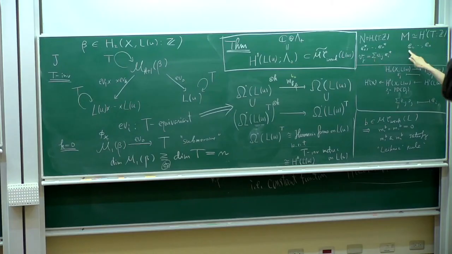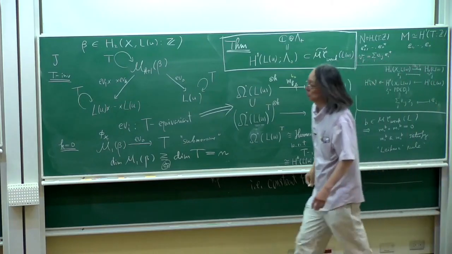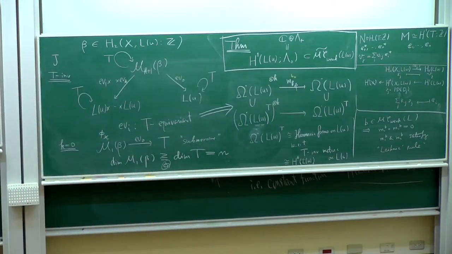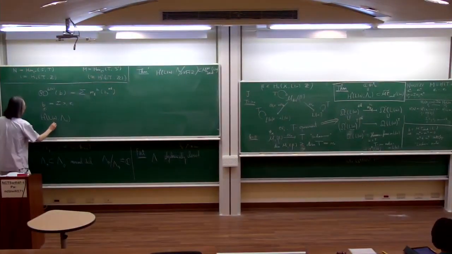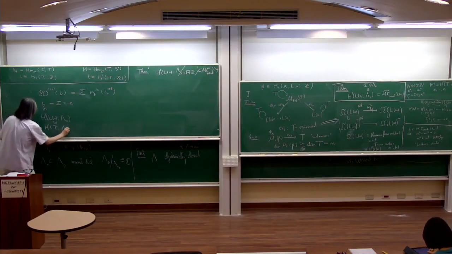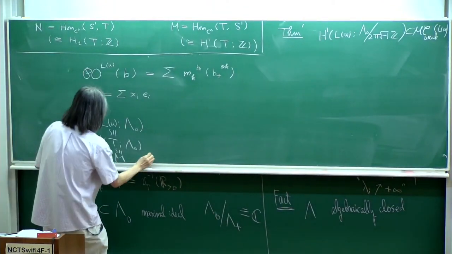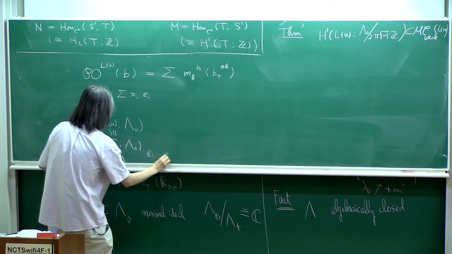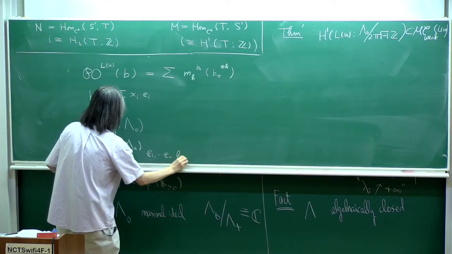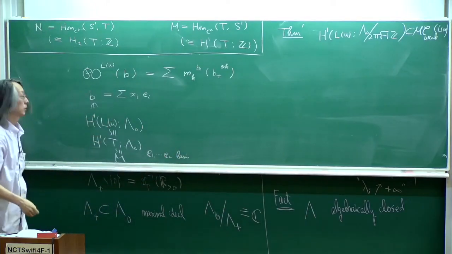So therefore, there is a canonical isomorphism between H^1(T, Z) and H^1(L_U, Z). Okay? So this e_1, ..., e_n can be considered as a basis of this. So this is canonically isomorphic to H^1 of the torus, and this one is isomorphic to M. And here I have a basis. So therefore you have this kind of thing.